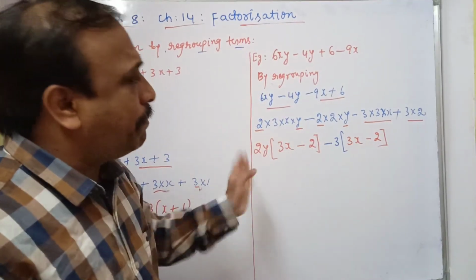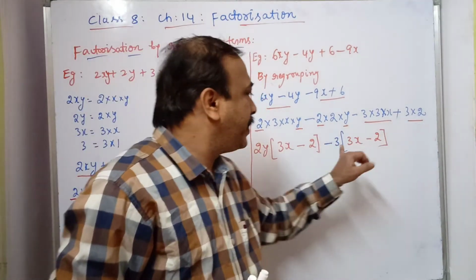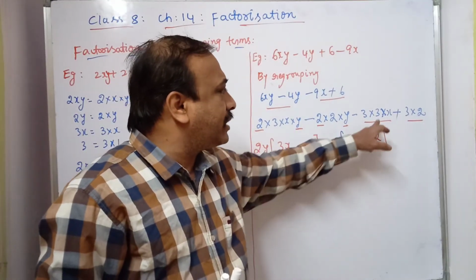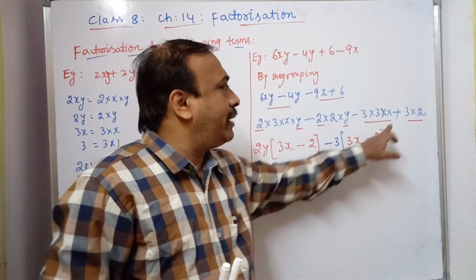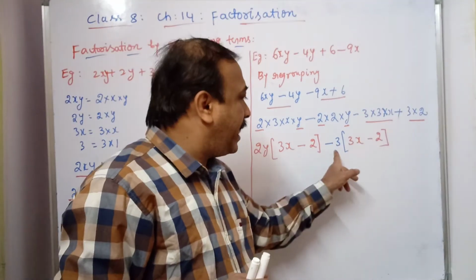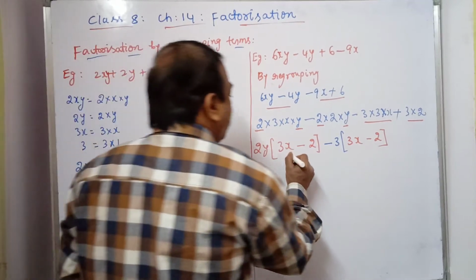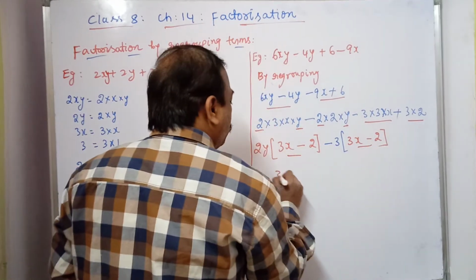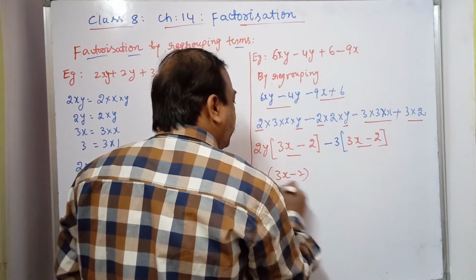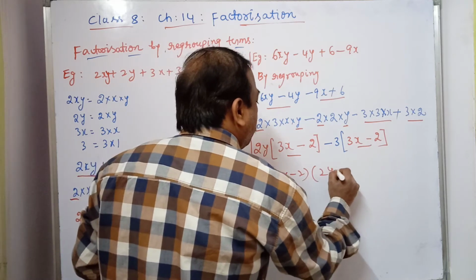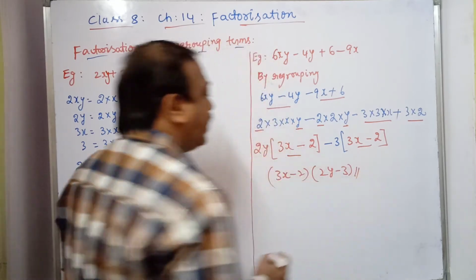Now when you multiply, you should get back the term. Minus 3 into 3x, minus into minus, plus. Now you see 3x minus 2, 3x minus 2. So 3x minus 2 into 2y minus 3. This is the factorization.